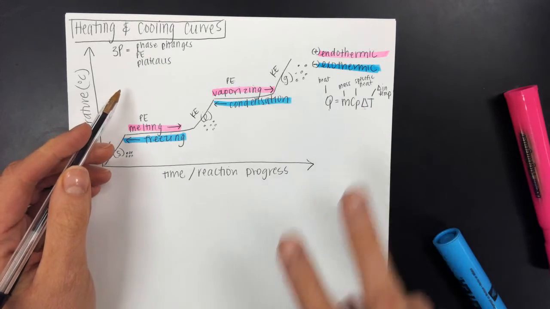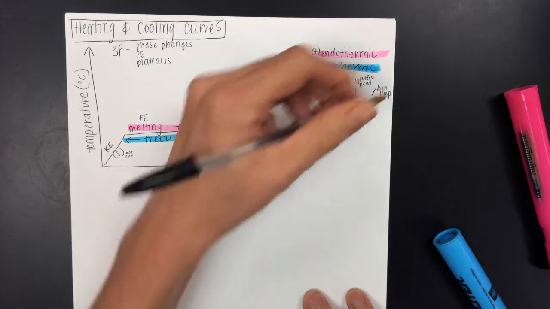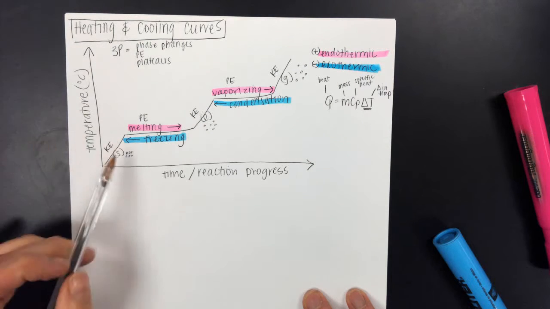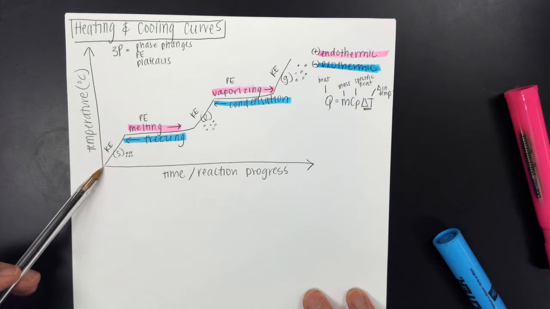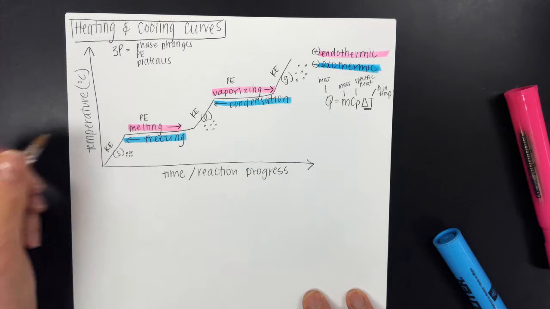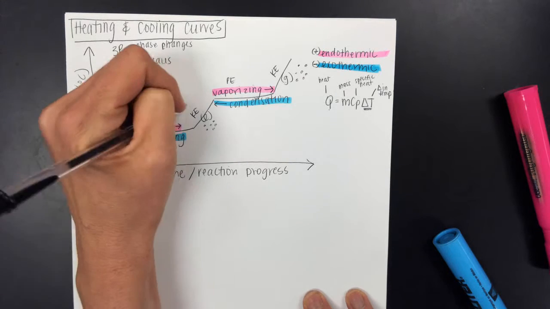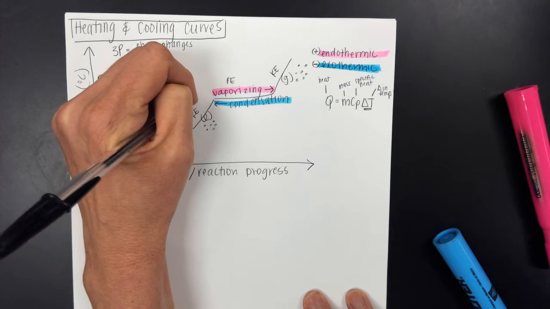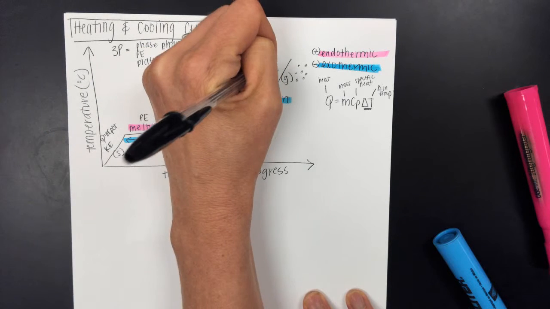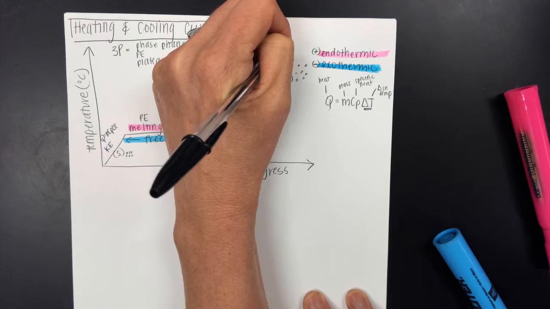This is where you have a change in temperature, so that is only appropriate for the lines that are actually changing in temperature.